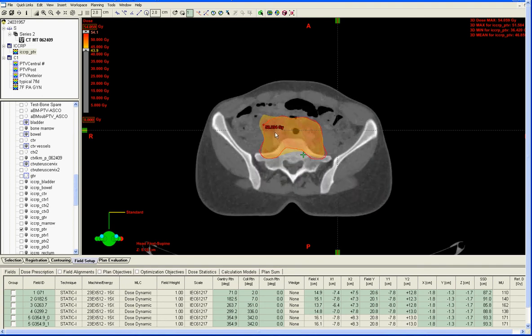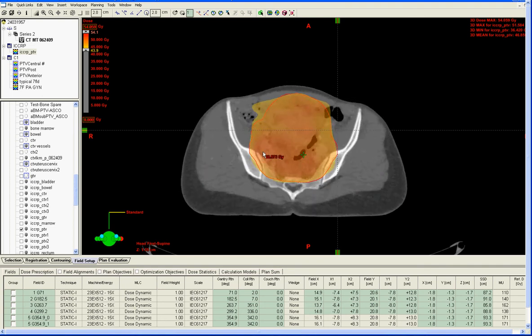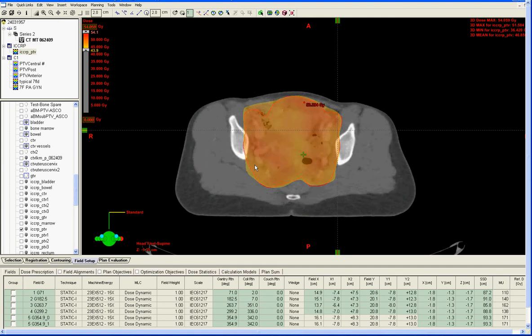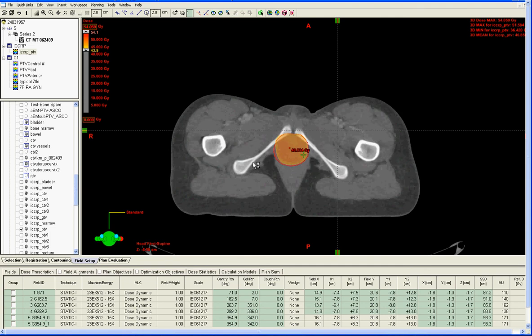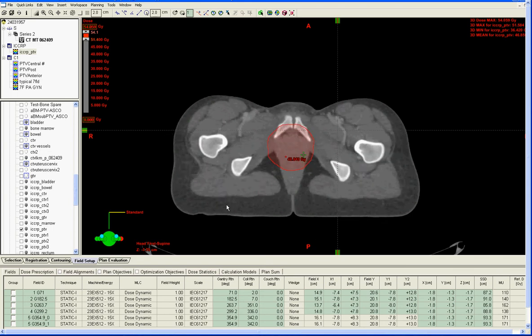And then we'll review for any hot spots that might be of concern here in the 115% range.